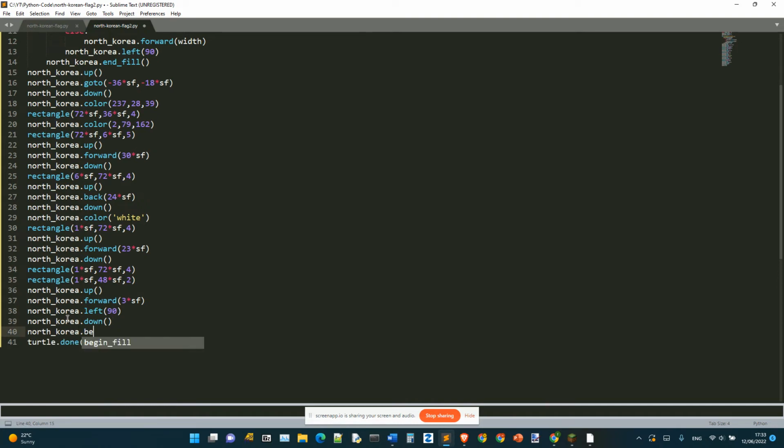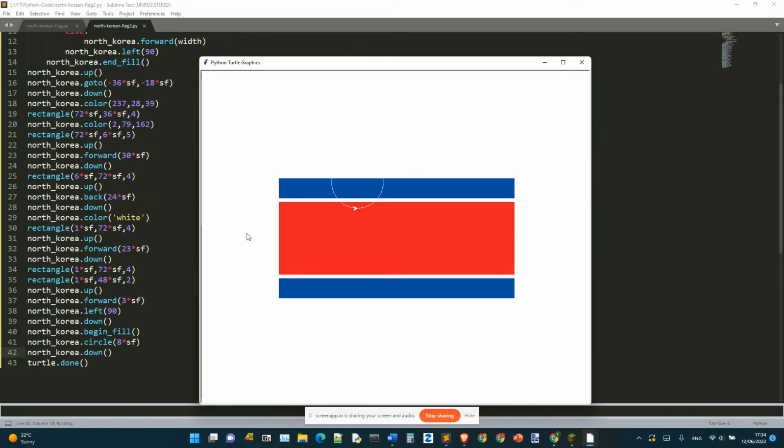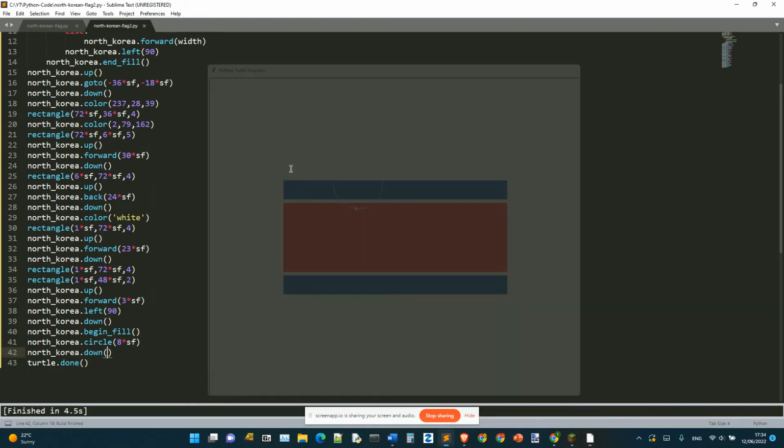North Korea dot begin fill. So North Korea dot circle. That's 100. No, that's 16. No, 8 times SF, because that's the radius of a circle. 8 times SF. North Korea dot down. Not down.